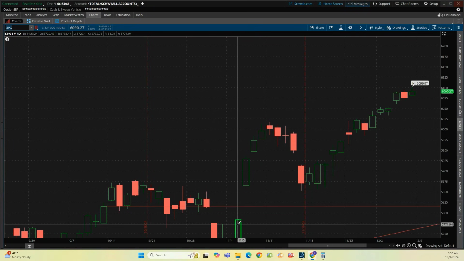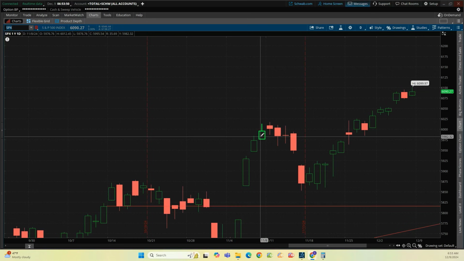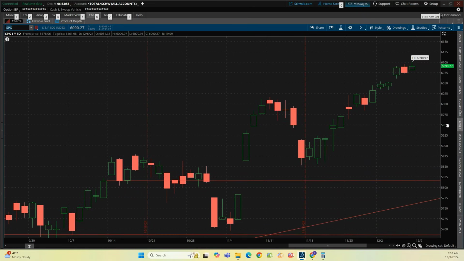A lot of times you can look at the move going into where it hits a round number, and there's a lot of momentum coming into that. Really a huge percentage move over 4 days before it hit 6,000. So 4 strong up days.